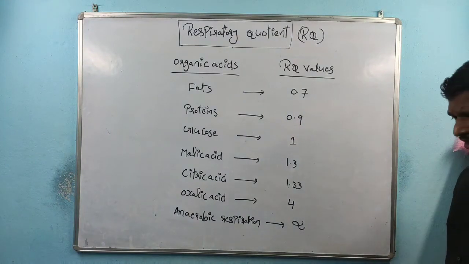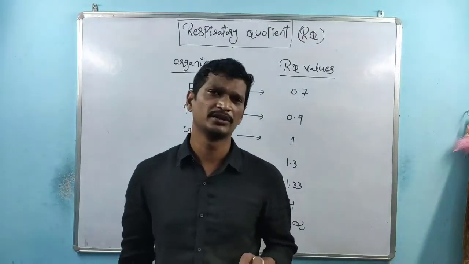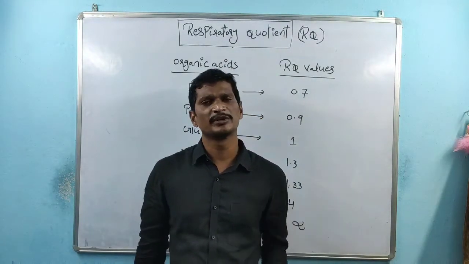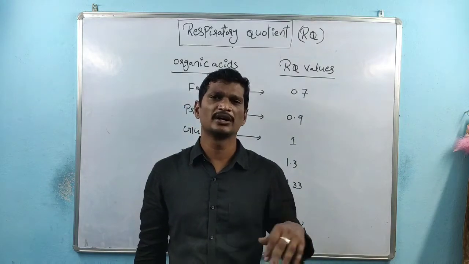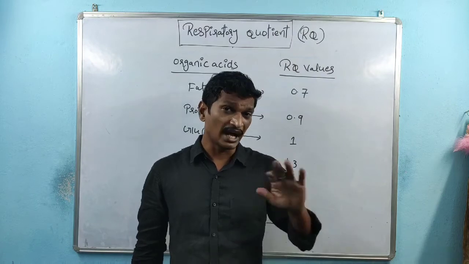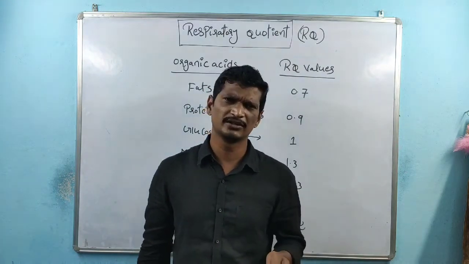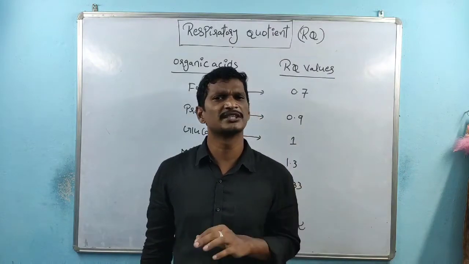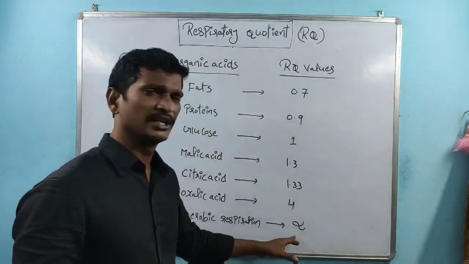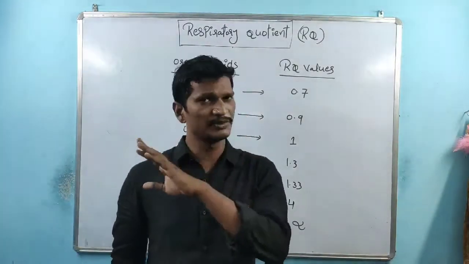0.7, right? See, anaerobic respiration RQ value. This is one of the important bits. Suppose an anaerobic respiration process is going on. For the RQ value of the anaerobic respiration process, different values are given. In one option, infinity is given. We have to choose infinity because the anaerobic respiration process never depends on oxygen.